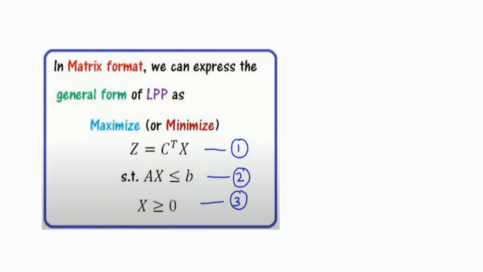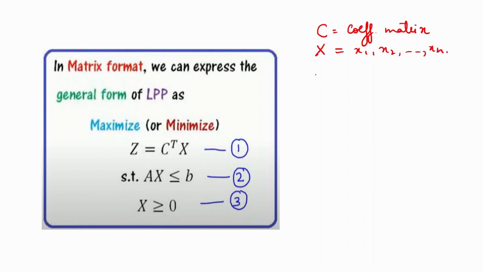So in the matrix format, if I wish to write my general form of the LPP, it would be Z is equal to C transpose X, where, as we know, C would be our coefficients, C1, C2, and so on, and X would be our x1, x2 up till xn, the decision variables.